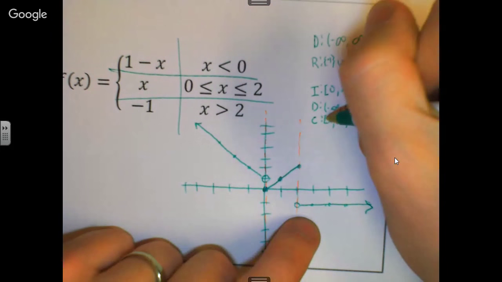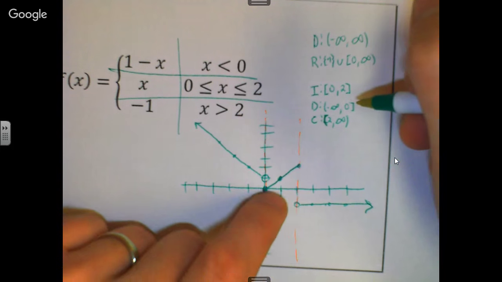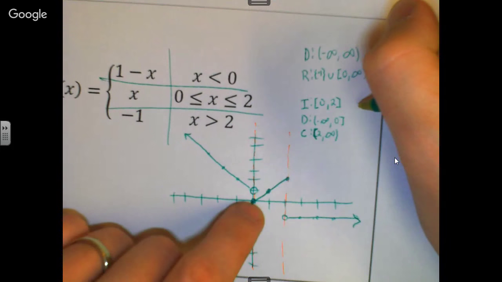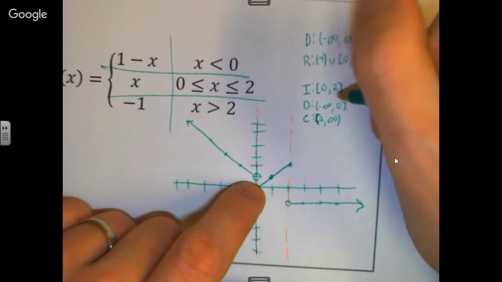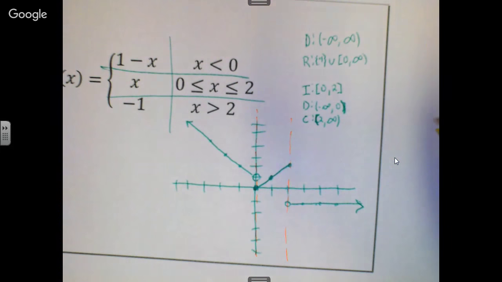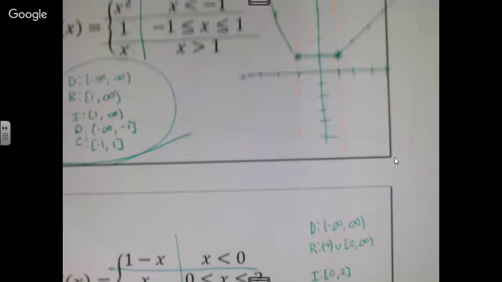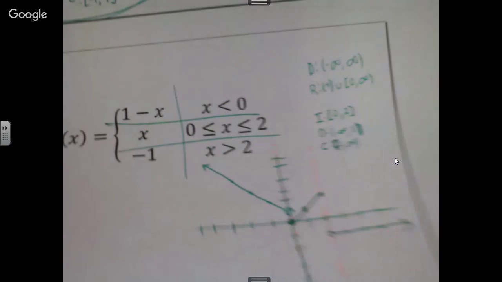And you might put a parenthesis maybe there because it's an open circle. Increasing would be bracket there, or parenthesis there, and then I've got brackets on that one. Again, we could graph this on my graphing calculator to double check.